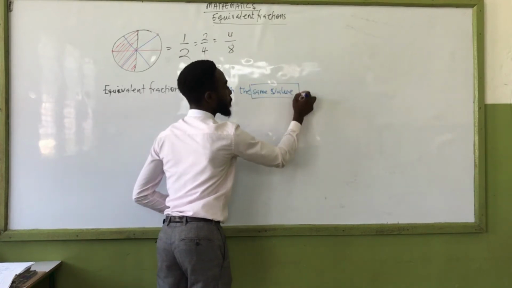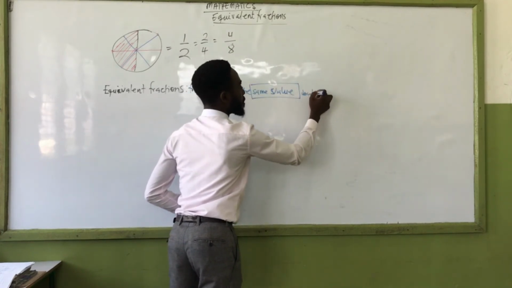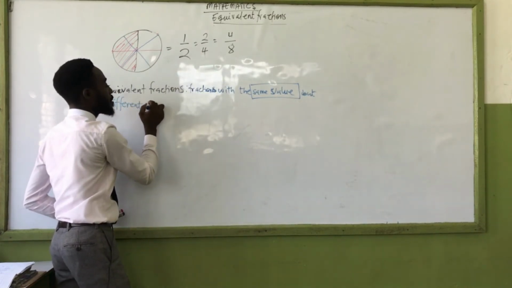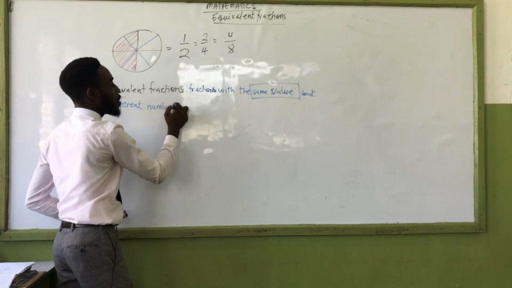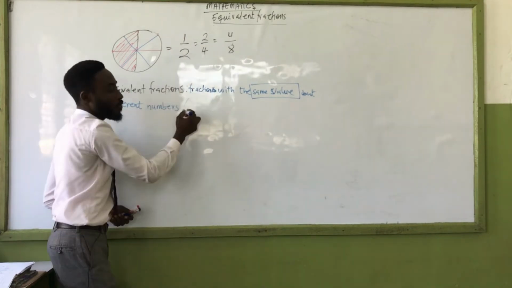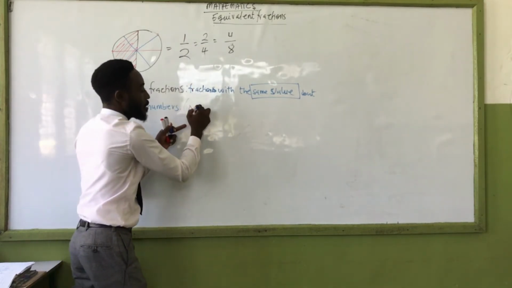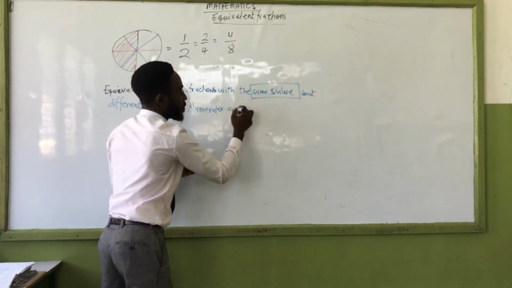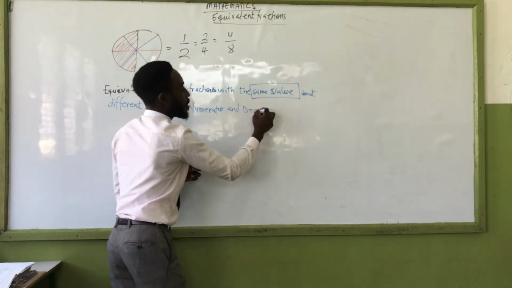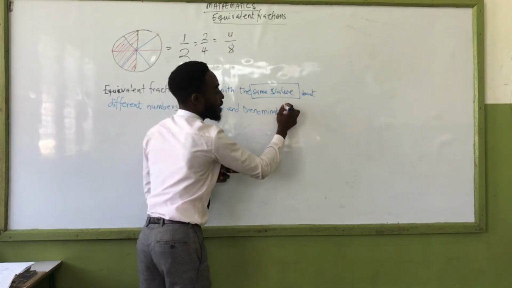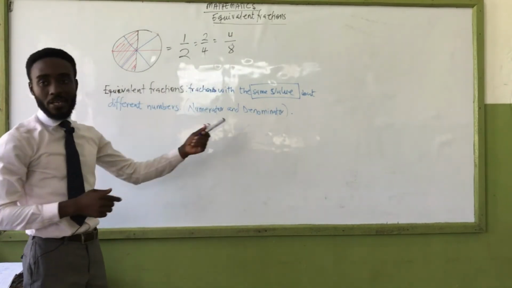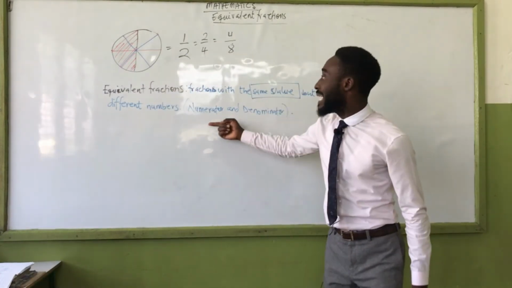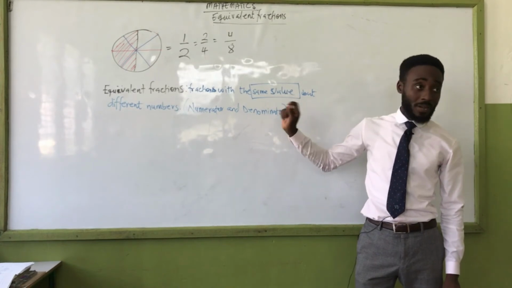Same value, but different numbers, where the numbers here are the numerator and denominator. Are you following? So they have the same value but different numbers, where the numbers here are the numerator and the denominator. So this is basically what we call equivalent fractions.